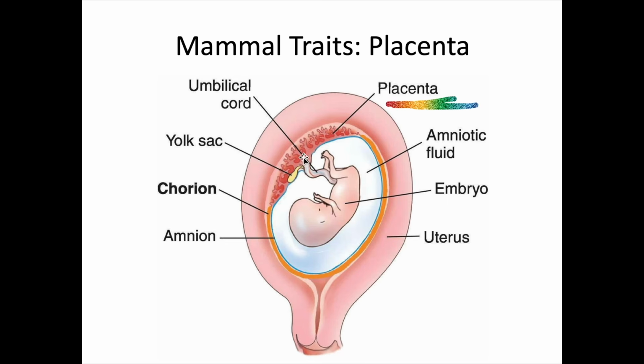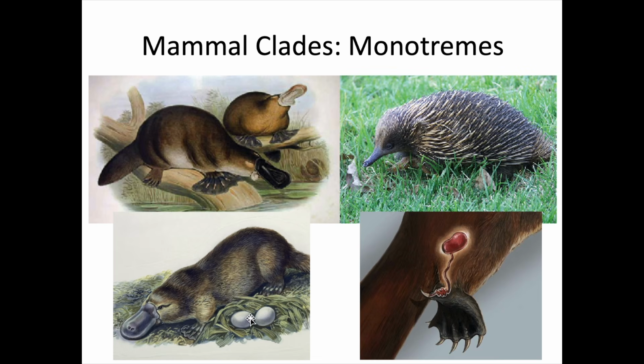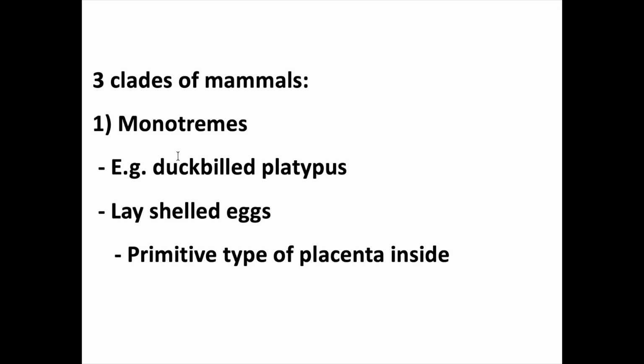It's obviously not doing what I just described the placenta doing, but evolutionarily, this is going to be the precursor to more complex mammals giving birth to actual live young instead of eggs. So not a massive group of mammals, but an interesting footnote here. Monotremes, I'm just calling out the duck-billed platypus as an example. They lay shelled eggs, and there's a primitive type of placenta inside of the egg, obviously not connecting circulatory systems though.